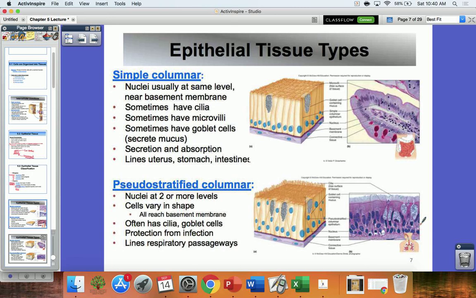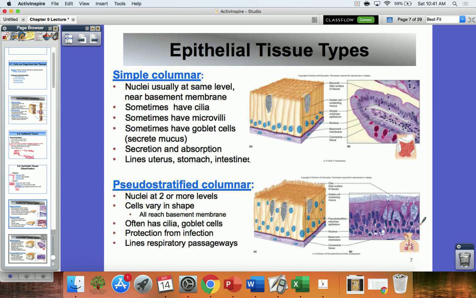Next, simple columnar. So this is kind of similar to the one that I attempted to draw a few slides ago. Simple columnar means that we have a single layer of column-shaped cells, and we're going to find this in a lot of places that are going to be responsible for absorption, like the uterus, also the stomach, intestines, and also not just absorption but secretion as well.